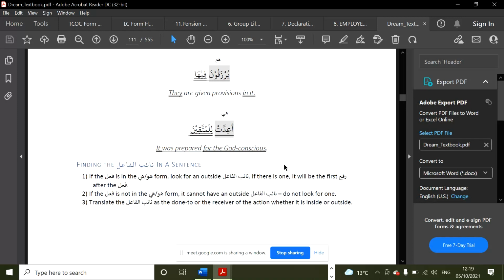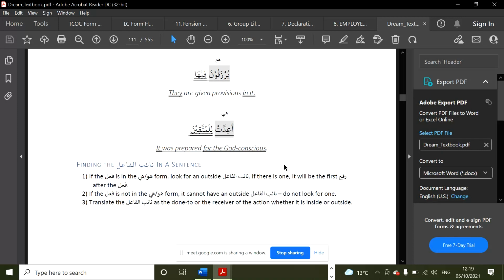If you look at the translation, it says it was prepared. U'iddat means to prepare, so it means it was prepared. And lil muttaqina, for the God-conscious muttaqi people, those who fear Allah. So it was prepared for the God-fearing people or God-conscious people.